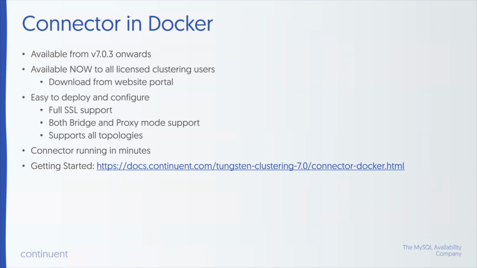So if you just go there, sign in with your credentials, and you'll have access to download that. It's easy to deploy and configure, full SSL support. So all of the features that you expect in the connector, they're available. It just gives you a much quicker and faster route to deployment and for you to manage it within your own Dockerized environment.